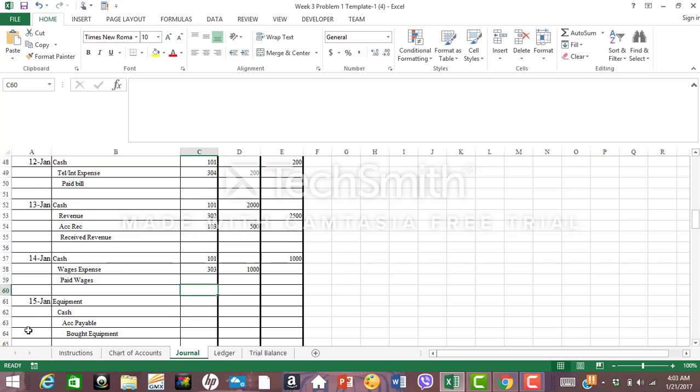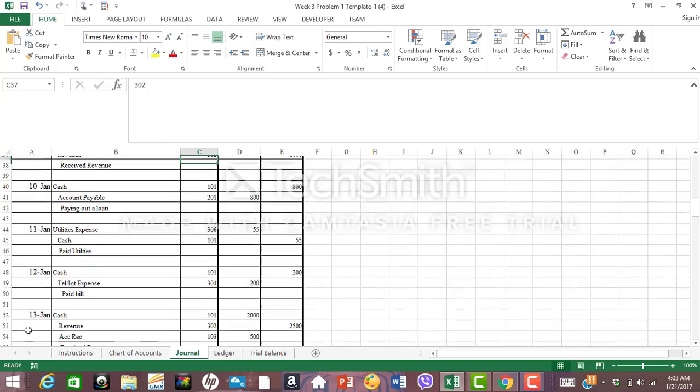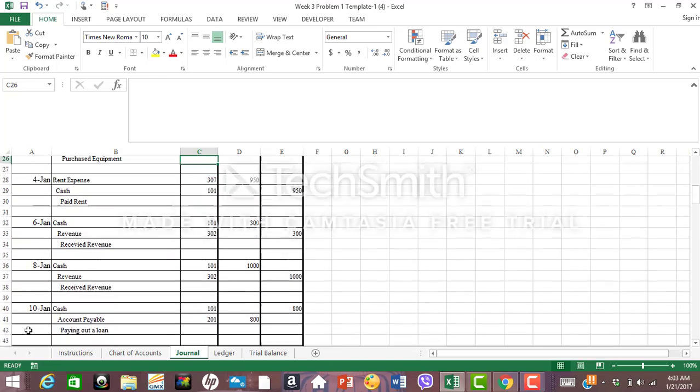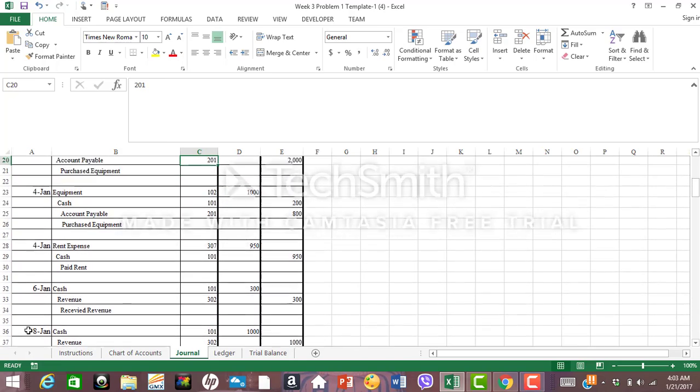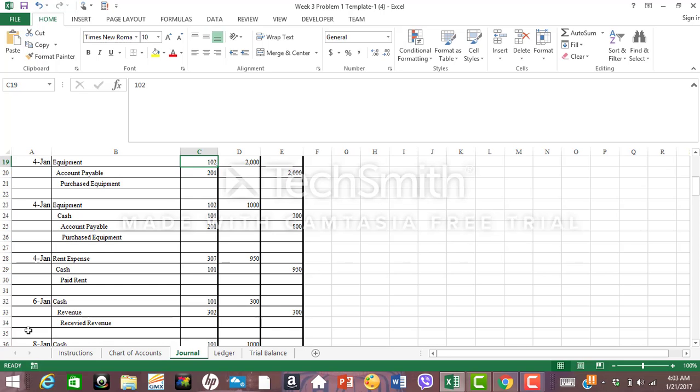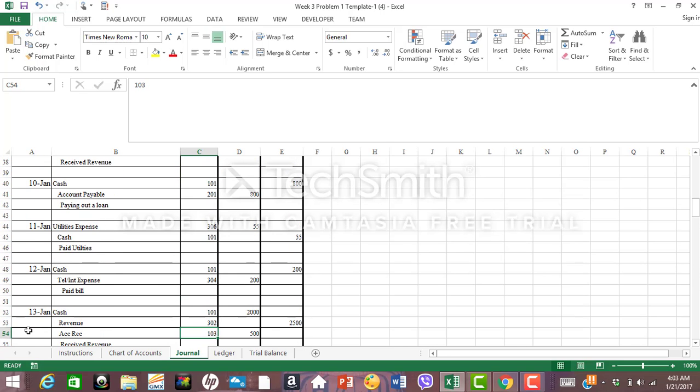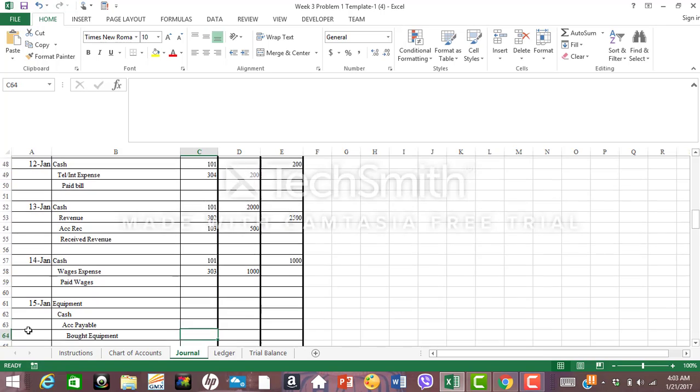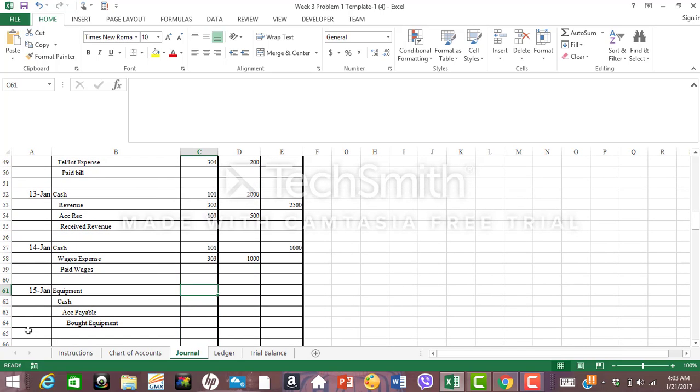You can look through here to find the equipment account number as well. Purchased equipment, it is 102. Equipment is 102, cash is 101, accounts payable is 201.